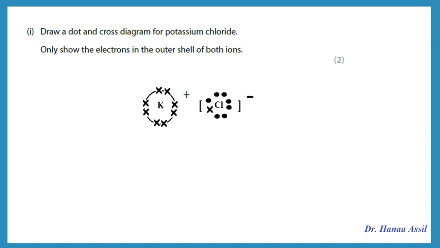It loses that electron, so you can either write the K without any electrons around it, or you can show that once we lost that outer electron, now the inner shell is complete, so that is the K plus, with the Cl, which has gained the electron from the potassium in addition to its 7 electrons in its outer shell. Again, do not forget to write the charges of each one.